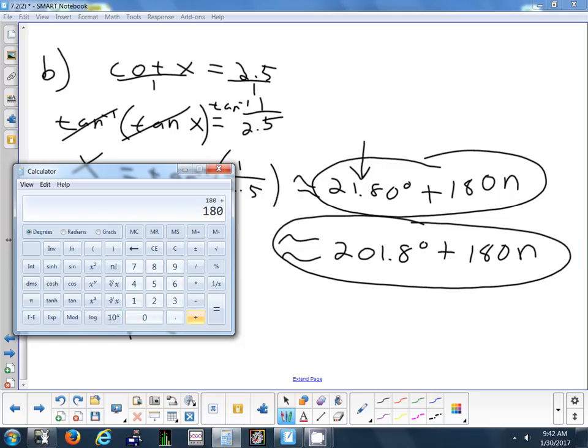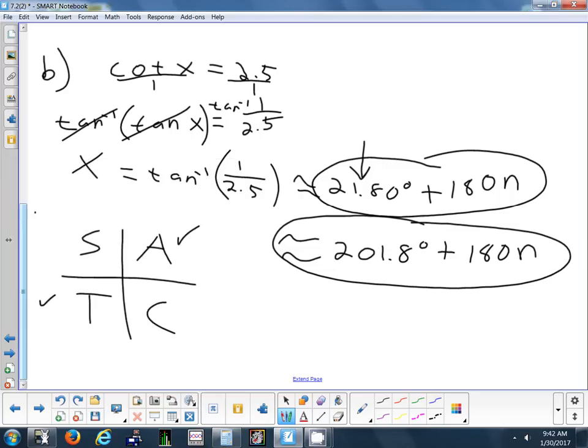And where else do you see the number 201.8? The second answer. Technically, this time, these are repeats. If you write them both, I wouldn't mark it wrong. But by writing this and writing this, you're being redundant. They're the same answer. Again, you could write them both, and I wouldn't mark it wrong. That's fine. But you don't need to.